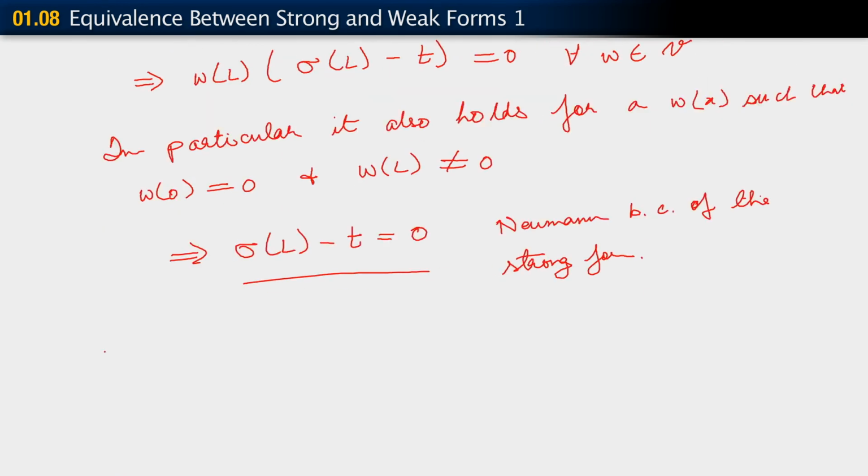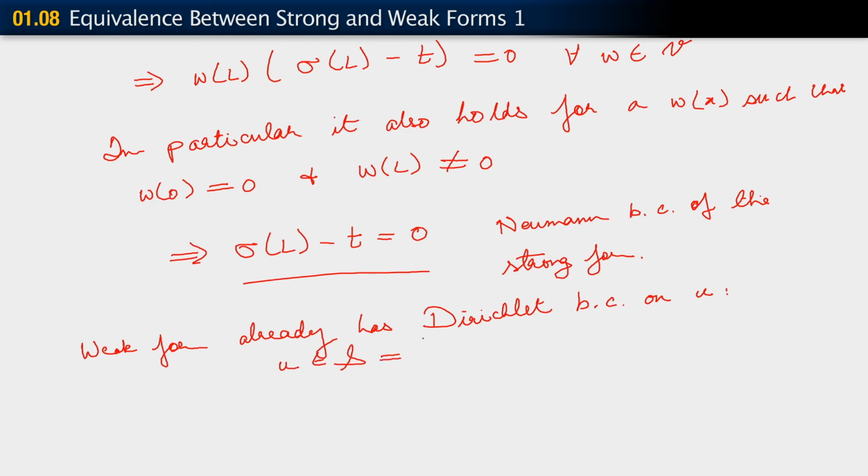So let me just state that. Weak form already has the Dirichlet boundary condition on U. Okay, and that comes about because we say that U belongs to the space S, which consists of all functions U such that U at 0 equals U naught.